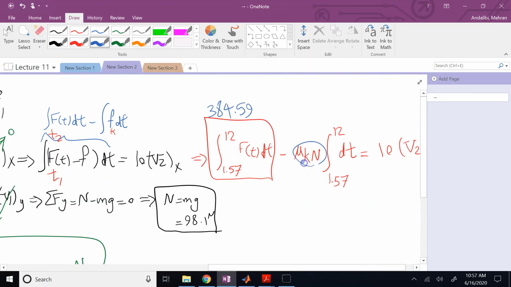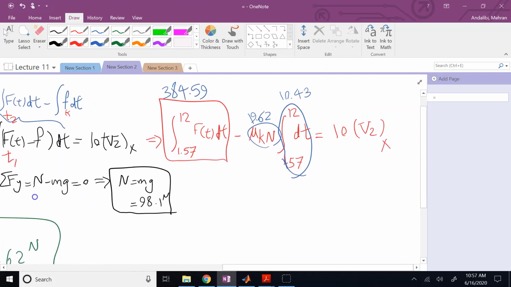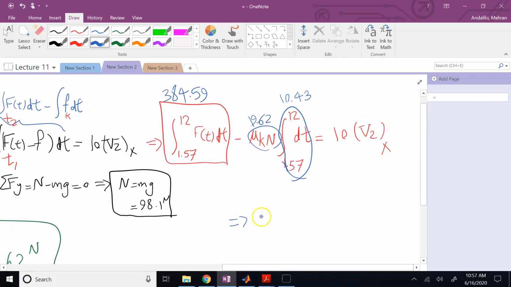This mu_k times N, we know that was 0.2 times 98, which is 19.62 actually. This is simply 12 minus 1.57, which is 10.43. And all I need to do is now calculate v2x, right?